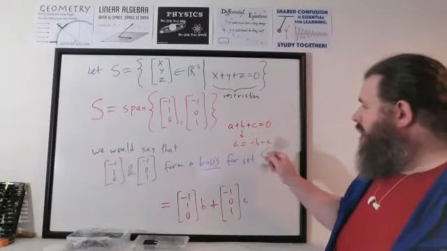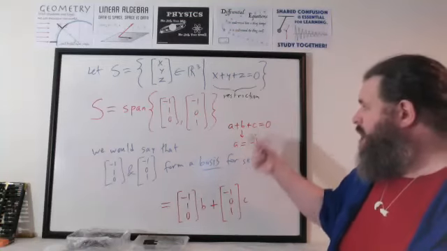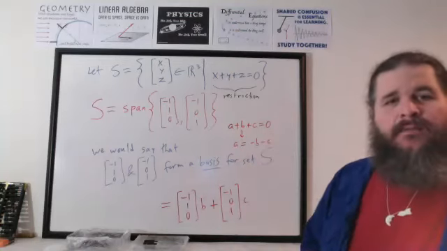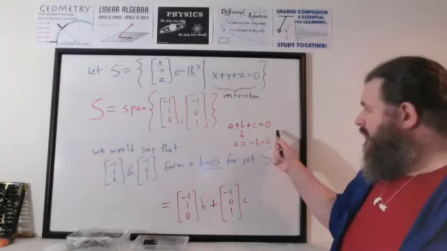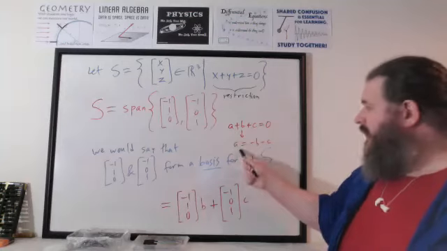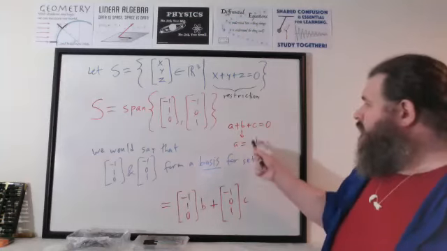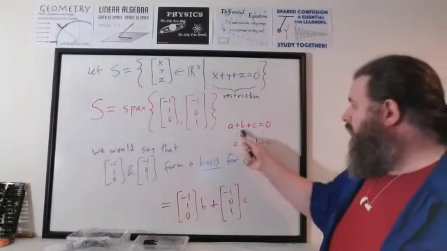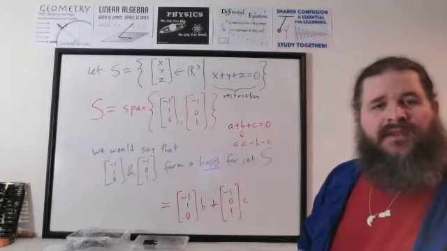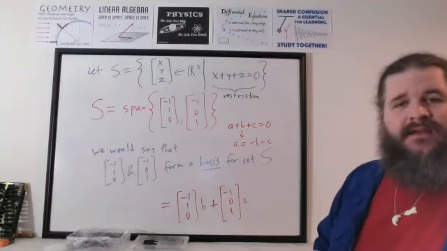And we didn't have to solve for A in terms of B and C. We could have solved for B in terms of A and C, or solved for C in terms of A and B. But either way, we've got one equation, but three unknowns. So that means we're solving for one variable in terms of the other two. The fact that we had two more unknowns than we had equations meant that we ended up with two free variables. B and C could be anything.